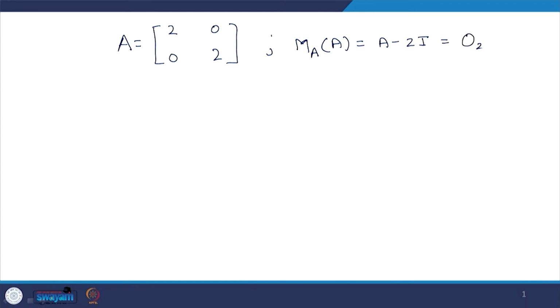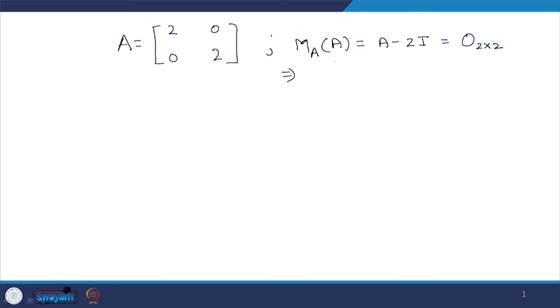Here A equals 2 0 0 2, then MA of A becomes A minus 2I, and this equals the 2 by 2 null matrix.